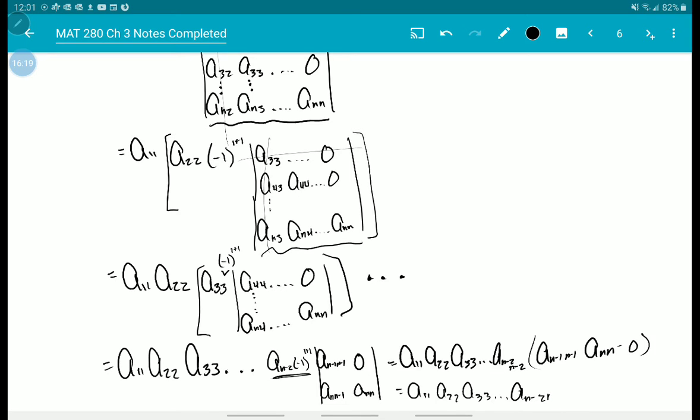I'm a little crunched for room here. I'm missing another n minus 2 here. Minus 2, n minus 2. Remember, this is the row and the column that all the stuff lives in. So you can see what's happening.